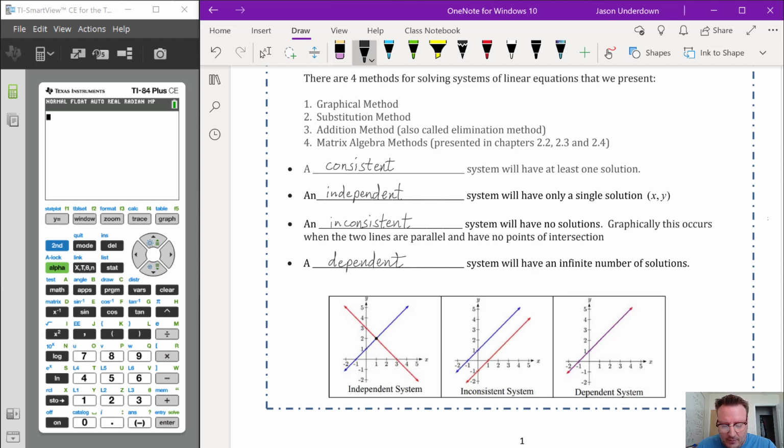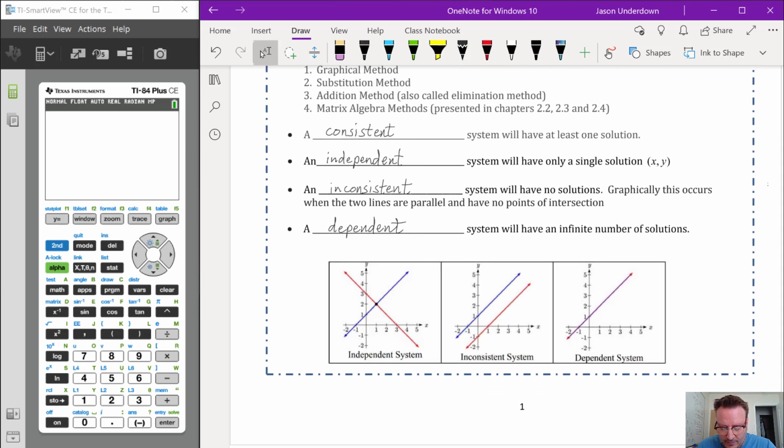Now, going back to the case where we have a consistent system, there are 2 possibilities: a unique solution or infinitely many solutions. An independent system will have only a single solution, and a dependent system will have an infinite number of solutions. So the 2 subcategories of consistent systems are independent and dependent. We have some graphical representations of these terms here.